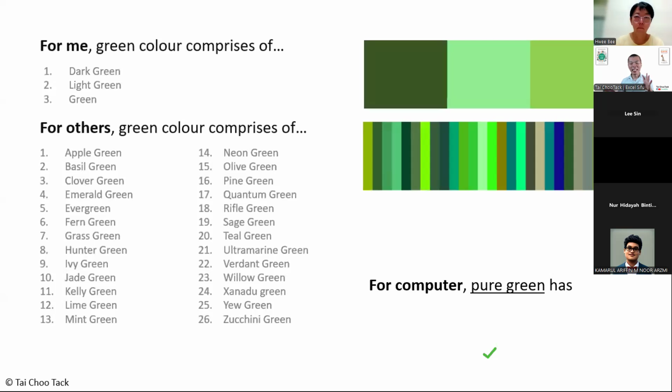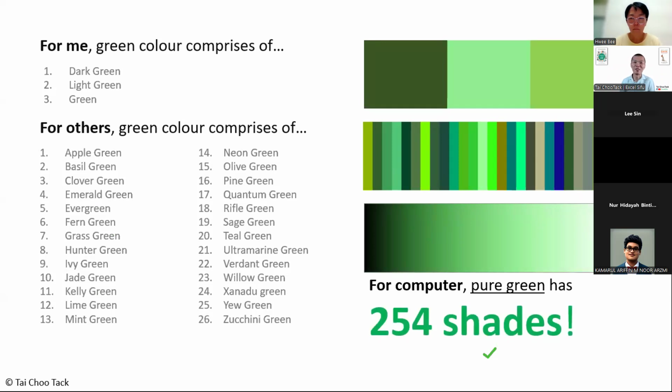If the computer interprets pure green from the lightest to the darkest, it has more than 26, more than 100, slightly higher than 200, about 254 shades.